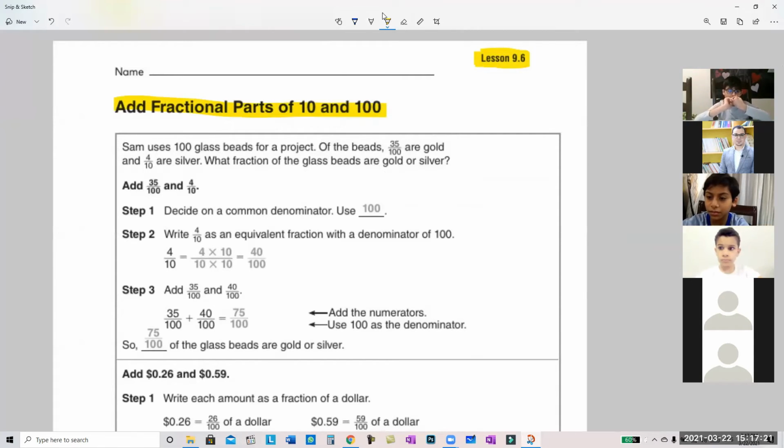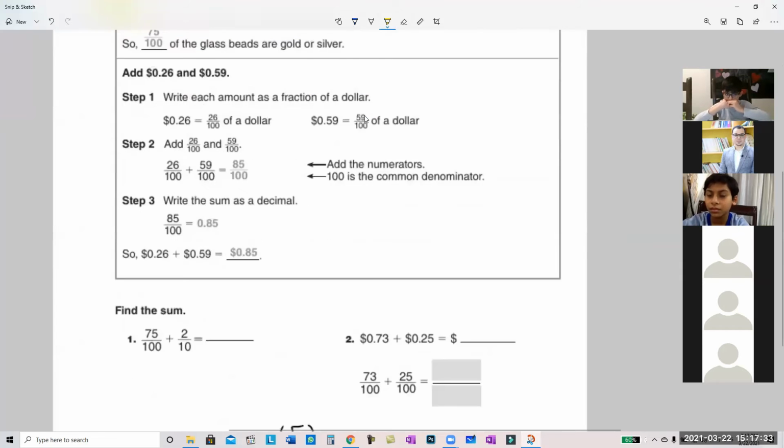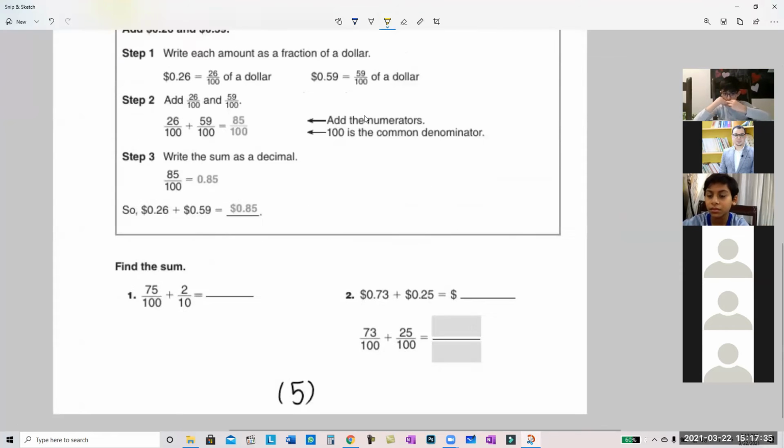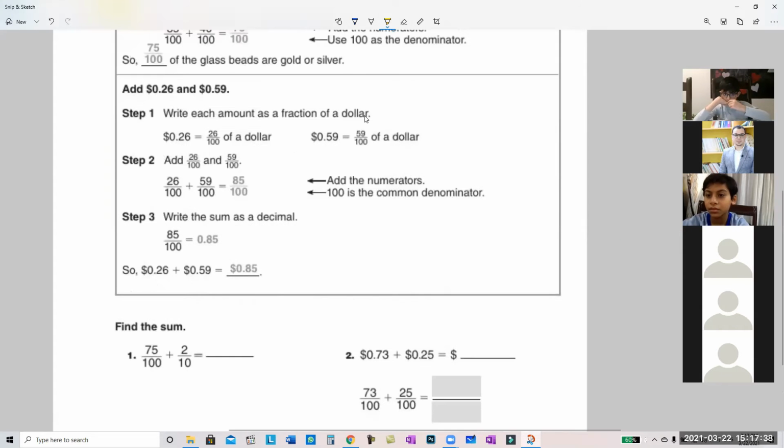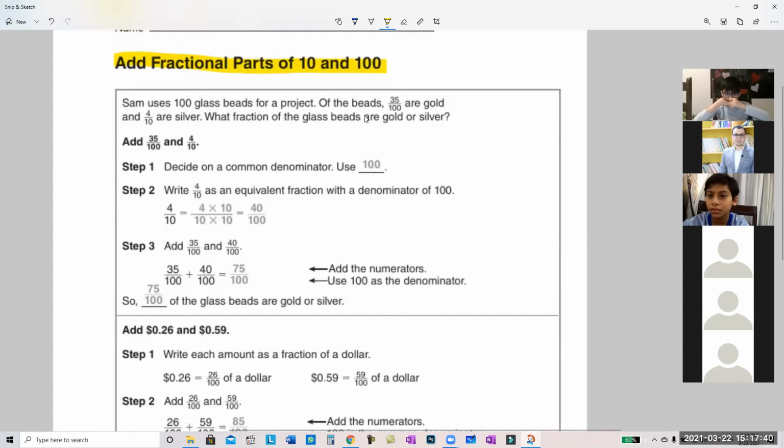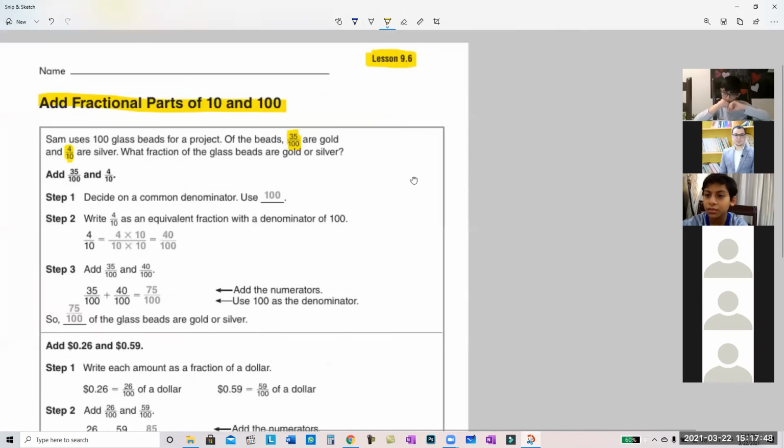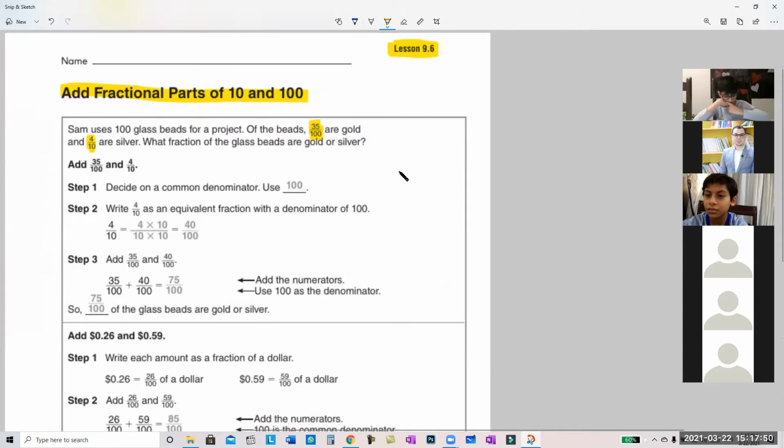So we're going to add two fractions, the first one with denominator 10 and the other fraction with 100 as denominator, okay? So how can we add them together? Okay, let's see. As you see here, let me add it for you, and then I'll ask you.